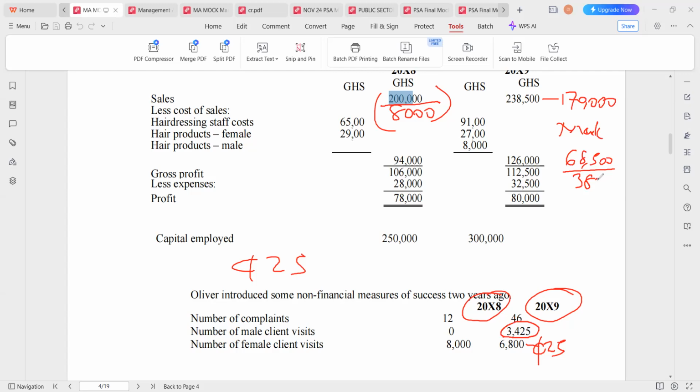Questions of this nature are what we are interested in at ICAG management accounting. The answer is not too difficult, but we have to pass through a lot of thick and thin before we can get the answer. All right, so I'm done with the very first one. This is what you get as the price.